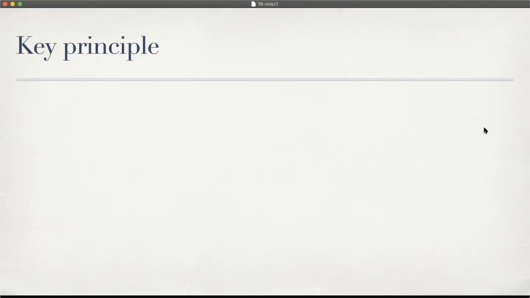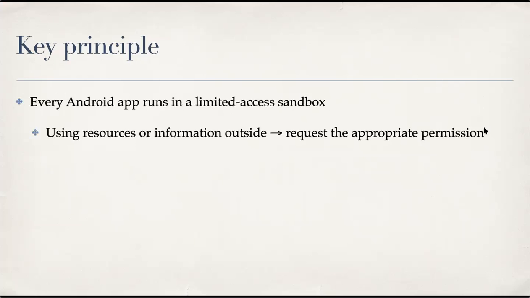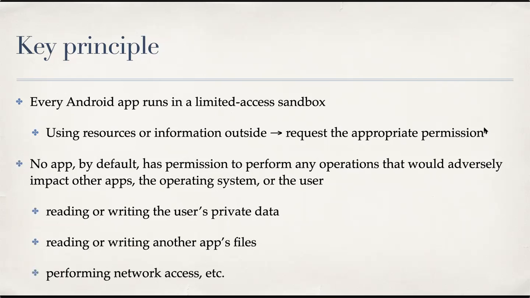Okay. So the key principle here is, as we know, every Android app runs in its limited access sandbox, and using any resources outside must require permission. No app by default can perform any operation that would basically affect the system resources, or affect how the user interacts with it, or how the user expects the system to behave.